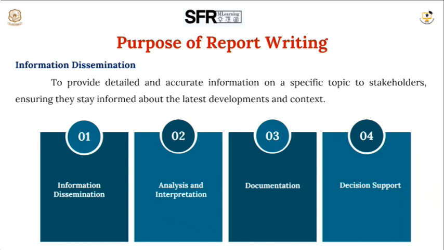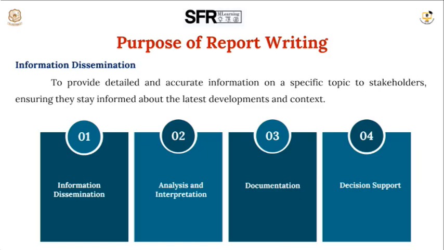First point is information dissemination. To provide detailed and accurate information on a specific topic to stakeholders, ensuring they stay informed about the latest developments and context. The report bridges the knowledge gap and helps all parties remain updated and aligned.